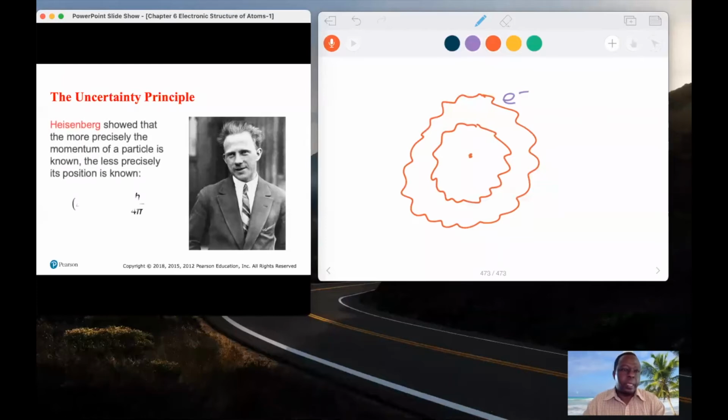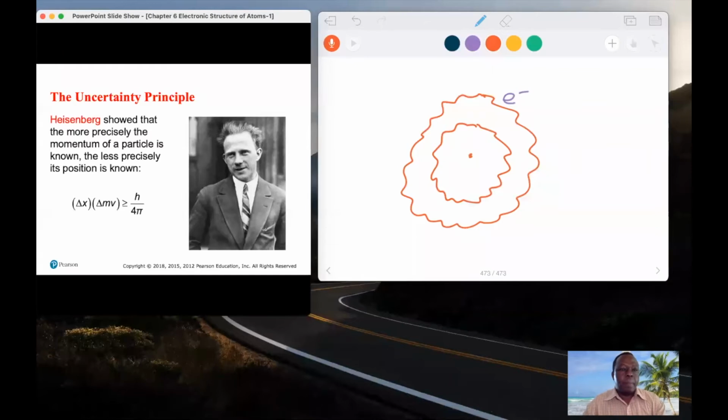He came up with the uncertainty principle: there is uncertainty in position and uncertainty in velocity, which when multiplied by mass, we end up with the uncertainty in both position and momentum, which states that there is a minimum.